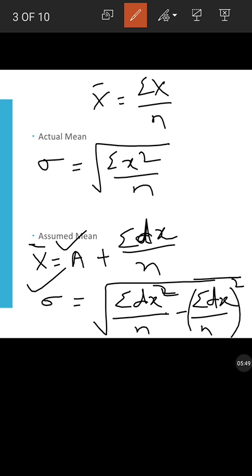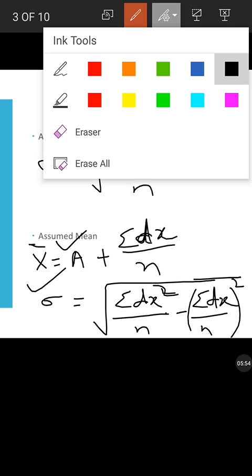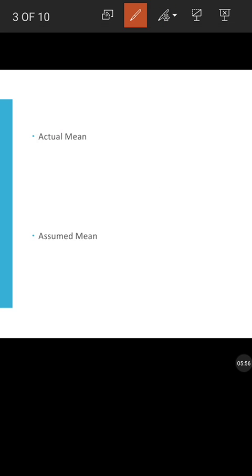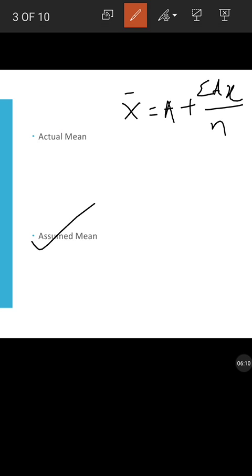Okay, let me explain how to calculate the values under assumed mean. So what was the formula for assumed mean? X bar is equal to, so now we are going to see assumed mean. What is the formula? A plus summation dx by n. What is the standard deviation formula?